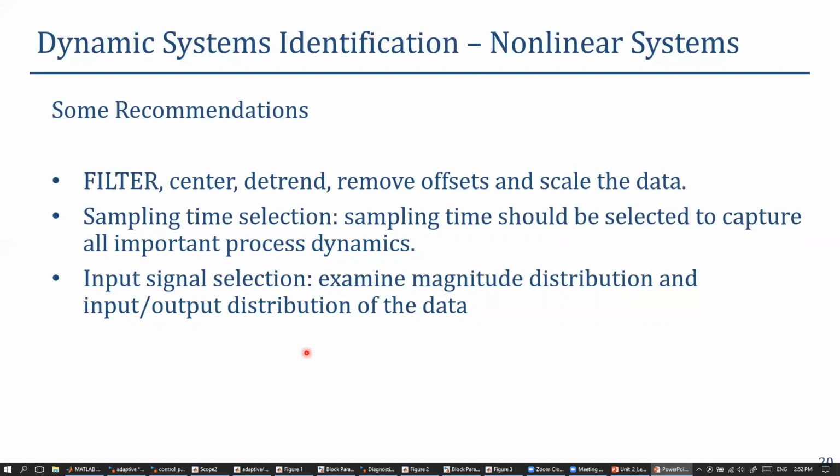Sampling time, as we were discussing before, should be sufficient to capture all the important processes and dynamics. So if possible, try to find how fast the system is, the fastest pole or the fastest frequency in the system, and then sample at least twice as fast as the fastest frequency.